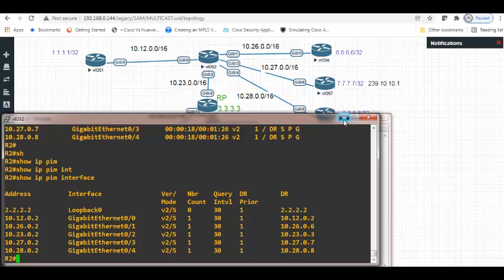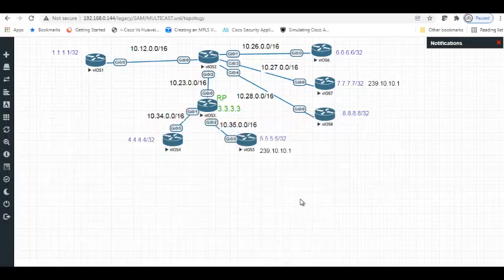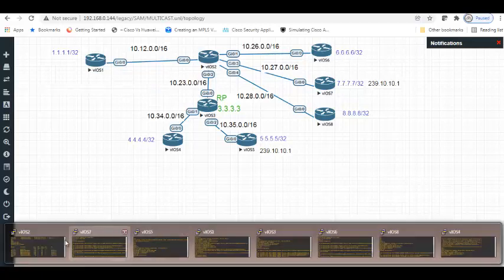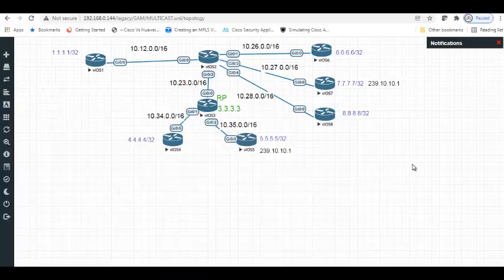Right, good things are over. Now one more thing we need to configure, that is the rendezvous point. Rendezvous means gathering, as I said. We decided to use R3 as the rendezvous point. Just to tell you, the rendezvous point need not be in the path between the source and the destination. Look at this. This is our multicast source, can be anything.